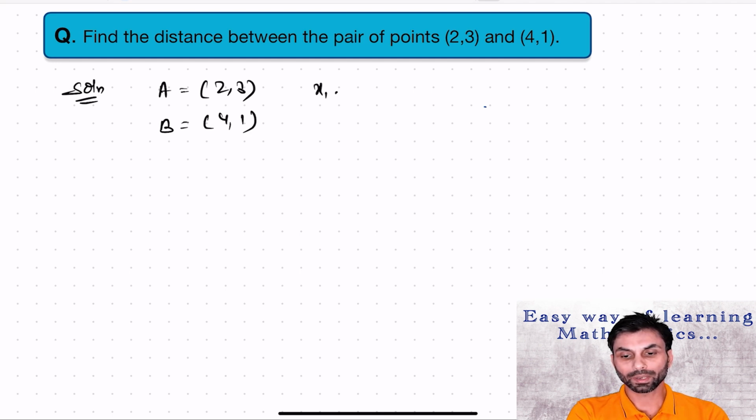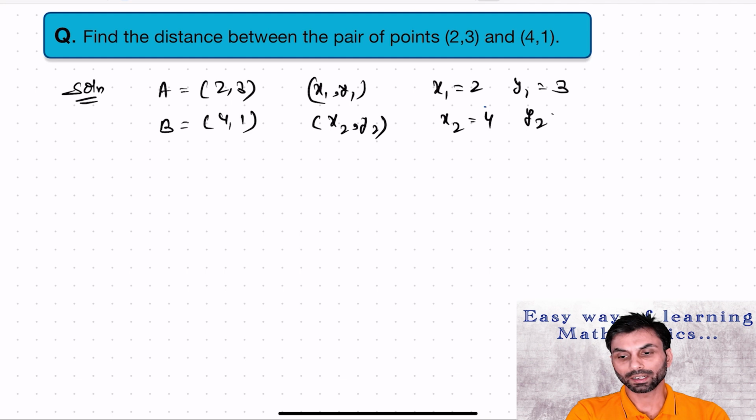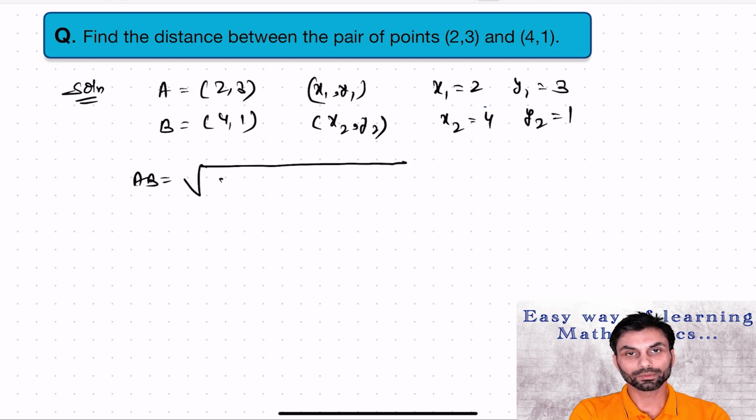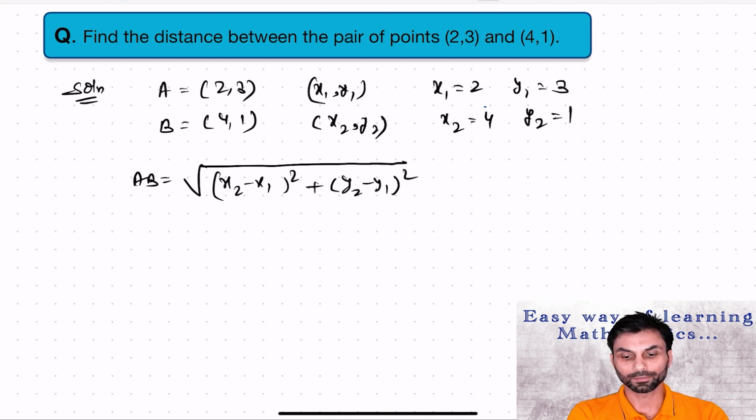Now we compare these with (x1, y1) and (x2, y2). We observe that x1 is 2, y1 is 3, x2 is 4 and y2 is 1. Now apply the distance formula: AB equals the square root of (x2 minus x1) whole square plus (y2 minus y1) whole square.